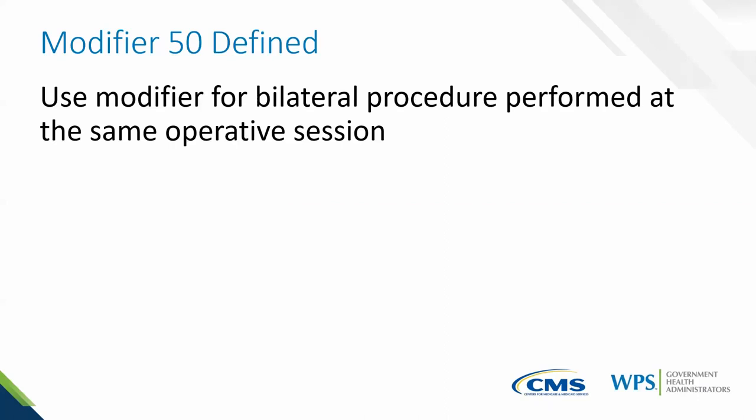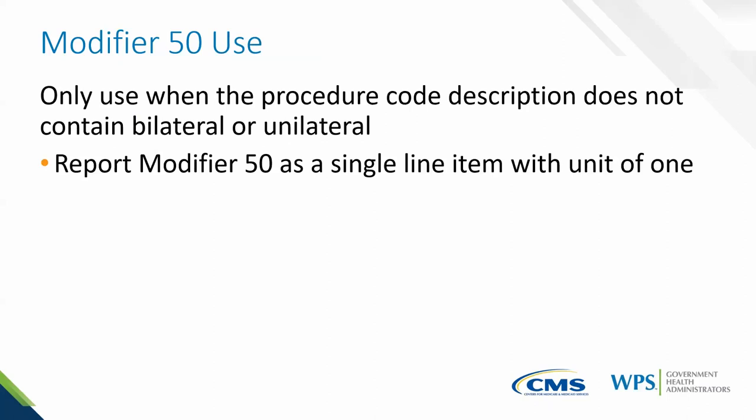Modifier 50 identifies that this is a bilateral procedure during the same operative session. So you're doing both the right and the left knee replacement at the same time. So you would use a modifier 50 rather than using the LT and the RT modifier. You only want to be using it when the procedure code description will allow you to do that.